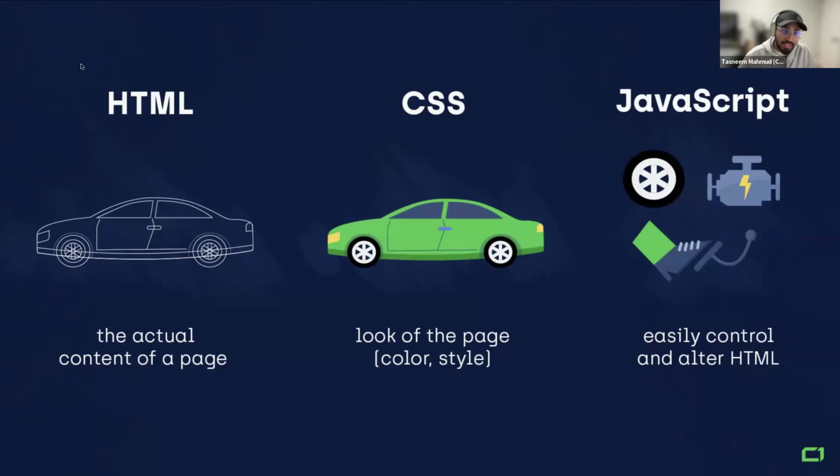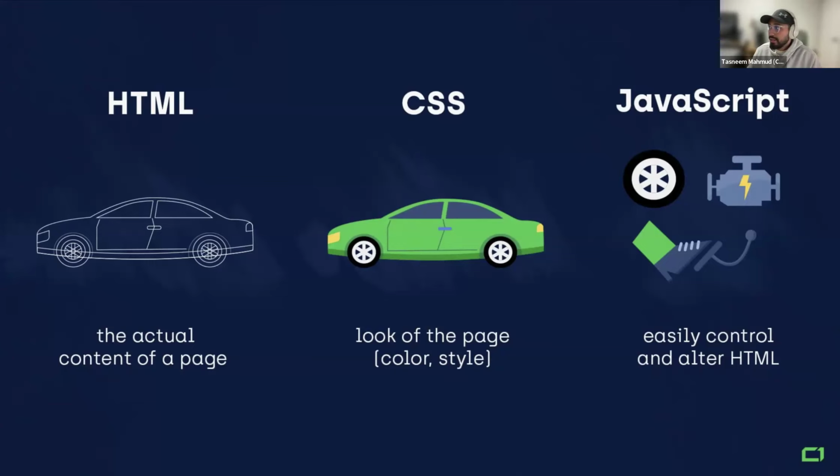So to start with HTML, HTML is basically giving a structure for the actual page. CSS gives you the look of the page with styling, colors, and everything. And JavaScript gives you the functionalities that a website needs.